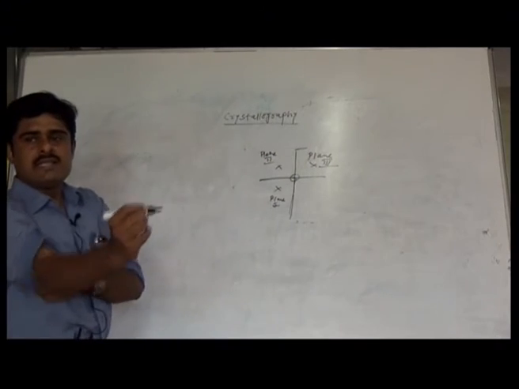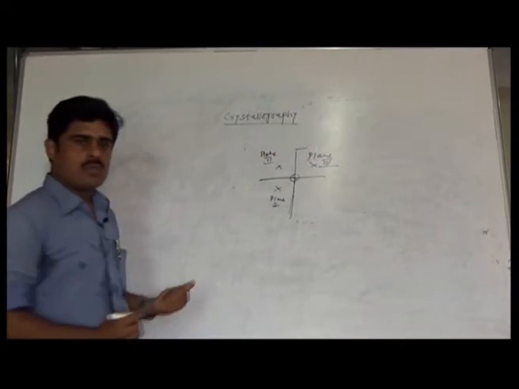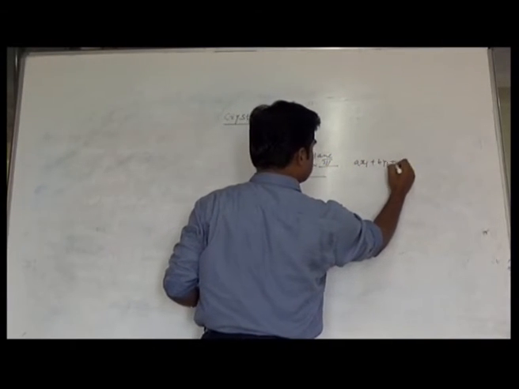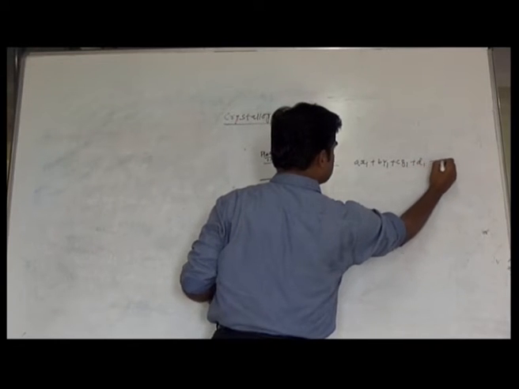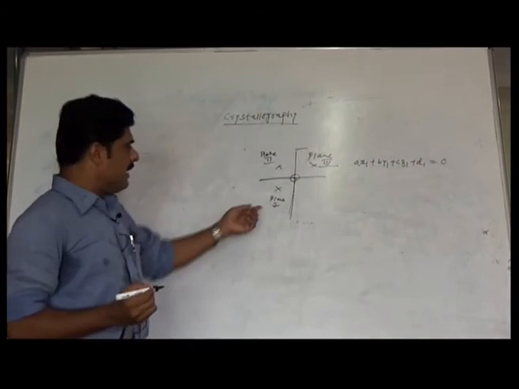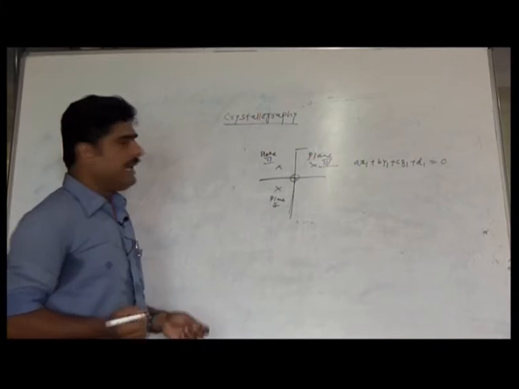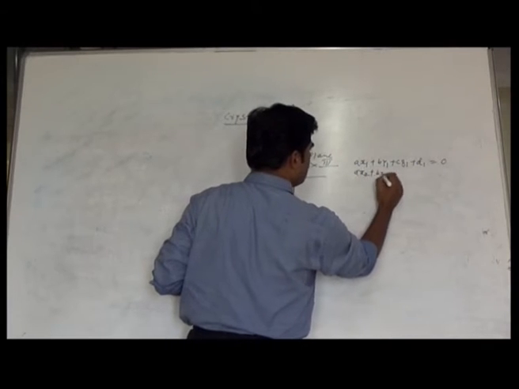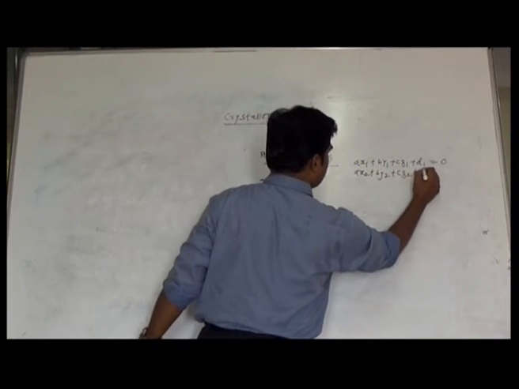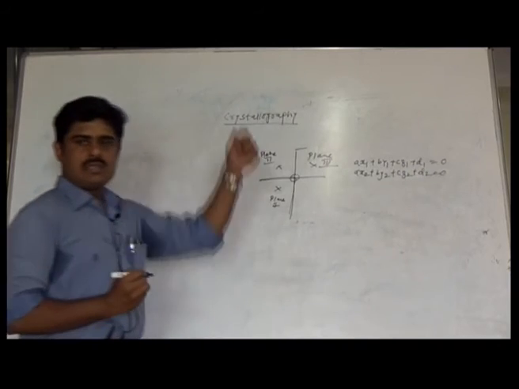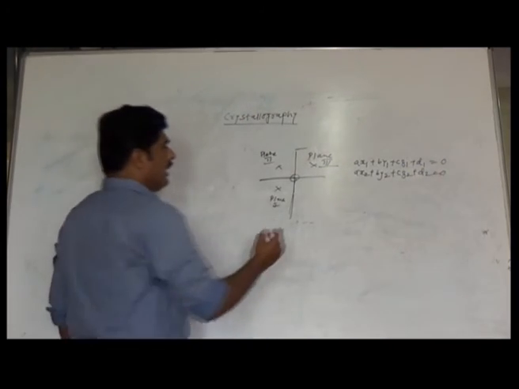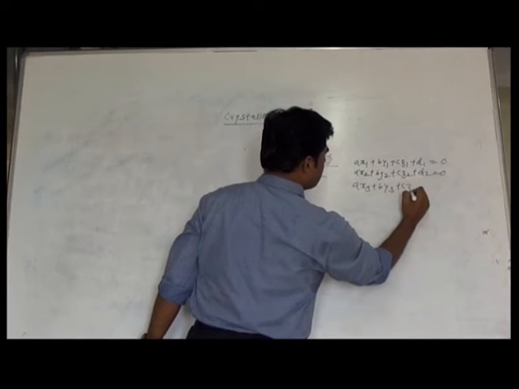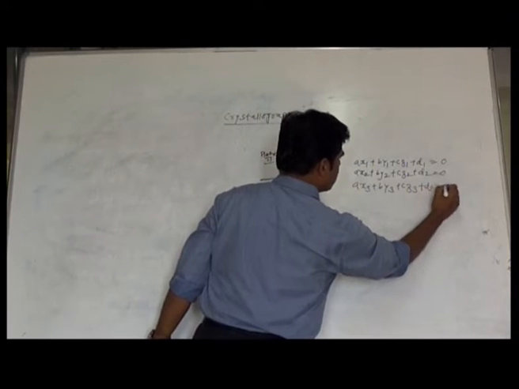Now all these three planes will have certain equations. Plane 1 equation: a x1 plus b y1 plus c z1 plus d1 is equal to 0. Plane 2 equation: a x2 plus b y2 plus c z2 plus d2 is equal to 0. Third: a x3 plus b y3 plus c z3 plus d3 is equal to 0.